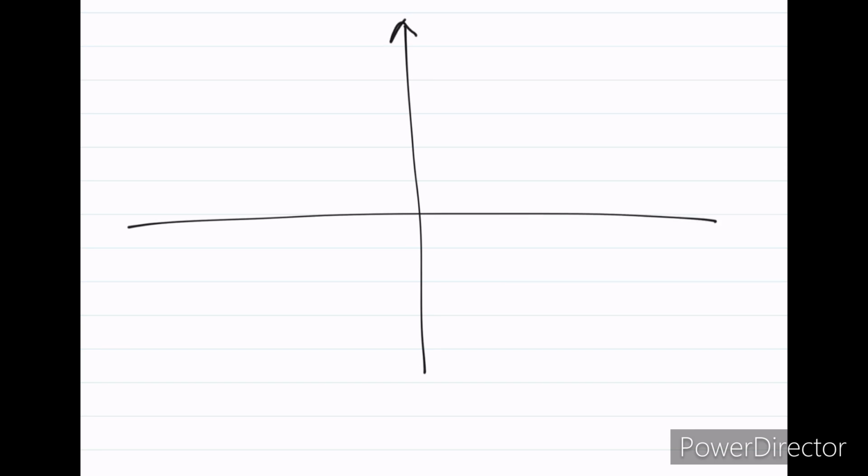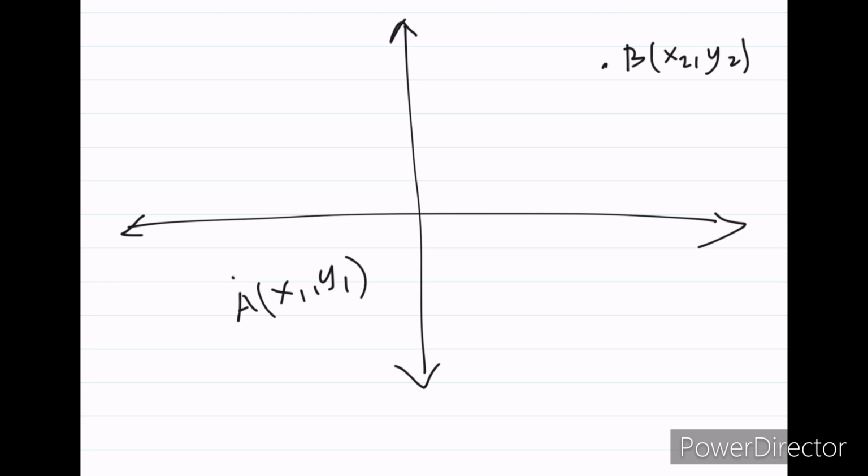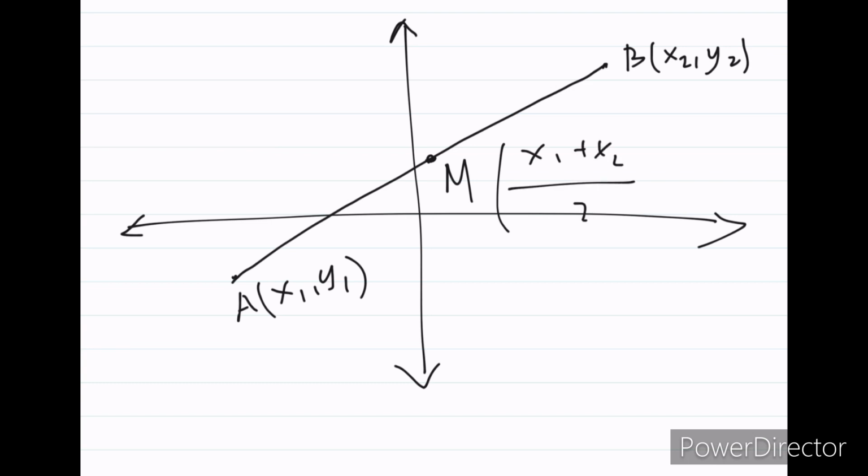So if this is our coordinate plane, or Cartesian plane, and this is our point B that has coordinates x sub 2 and y sub 2, and this is our point A that has coordinates x sub 1 and y sub 1, and this is our midpoint, then the coordinates of our midpoint are x sub 1 plus x sub 2 over 2, then y sub 1 plus y sub 2 over 2.